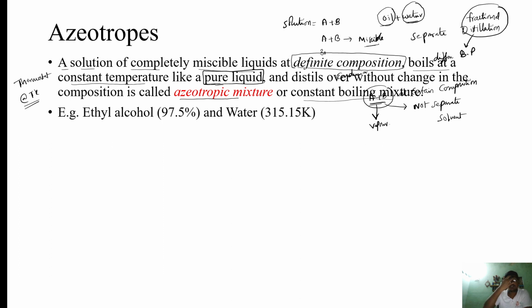For example, ethyl alcohol and water. I was telling you it should be a definite composition. Here the composition is ethyl alcohol 97.5% and water the remaining 2.5%, and the constant temperature is 315.15 K. So what happens is, this solution boils at a constant temperature.